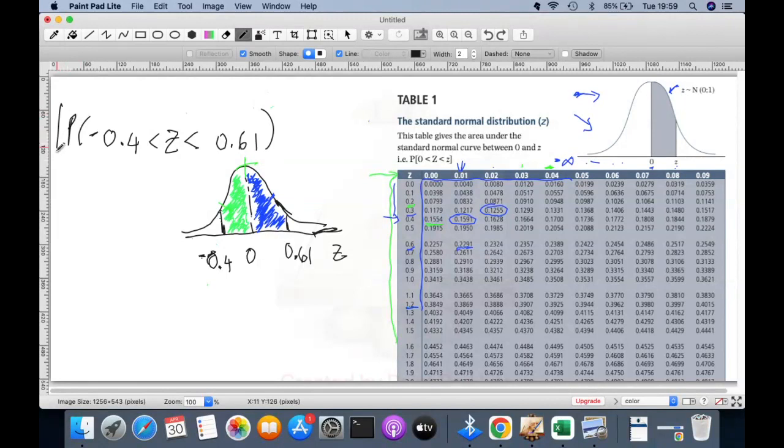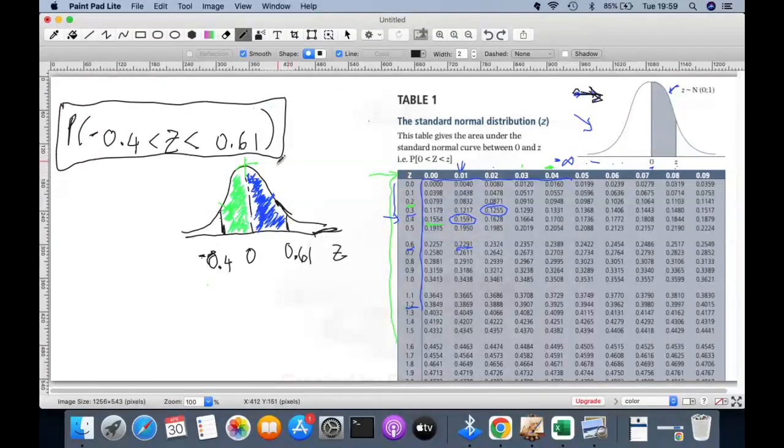Okay, so this is the question, right? The question is, find the probability of z between negative 0.4 to positive 0.61. Now, if you look at the table that's given to us in our formula sheet, this table only gives us areas from 0 to z. It doesn't give us a value from any negative value to that positive z value.